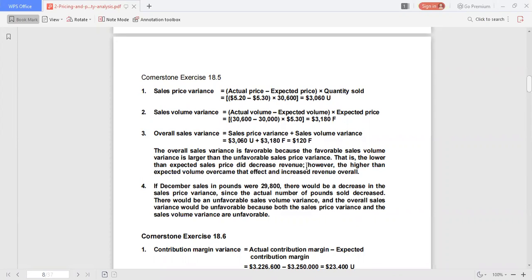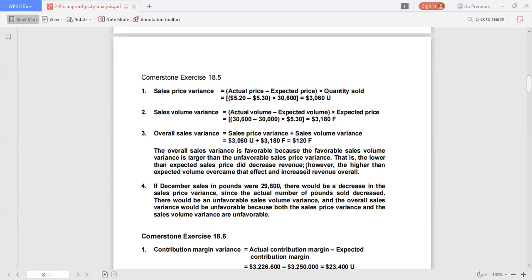That gives us a favorable variance equal to 3,180.